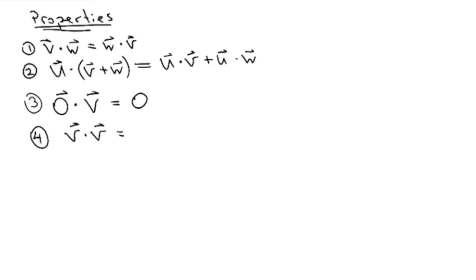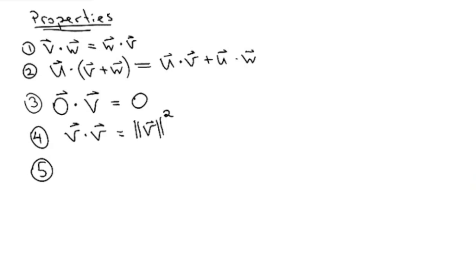Magnitude. It's really close to the magnitude. What's it missing? The square root. So this is equal to the magnitude of v, but it's missing the square root, so squared. So a vector dotted with itself is its magnitude squared.